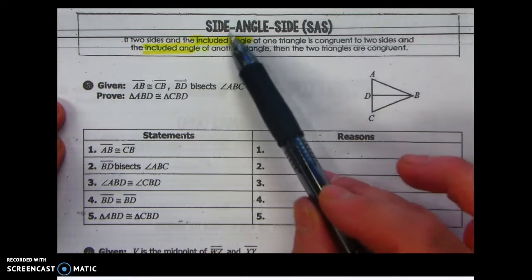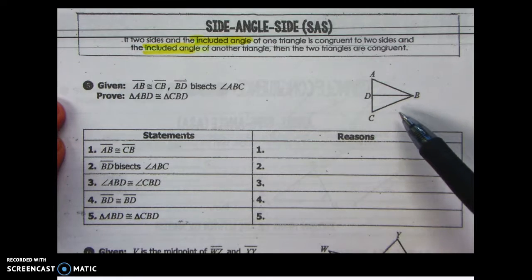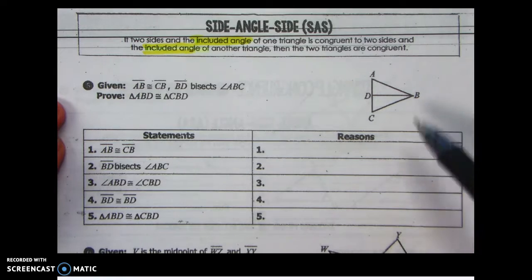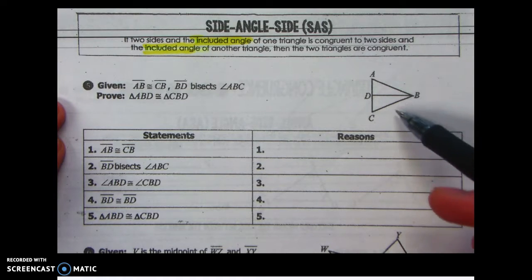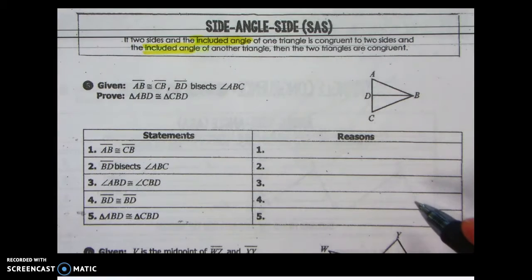and I'm going to do that by finding two sides and the included angle from one triangle that are congruent to two sides and the included angle of the other triangle. If I can find those two sides and that angle, those three parts, if I can find those on the two corresponding parts to be congruent, I will have congruent triangles.